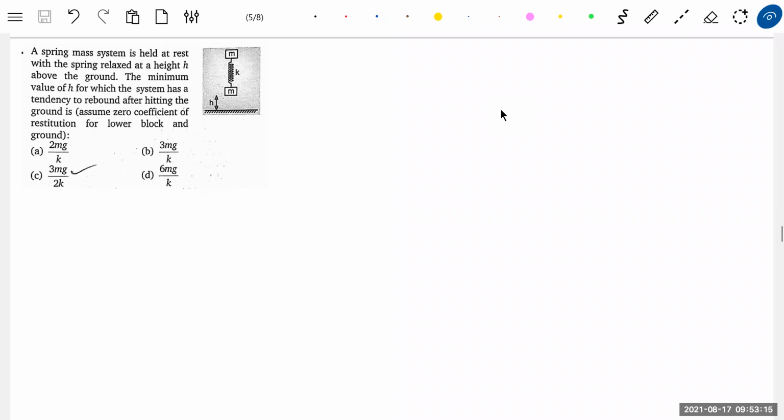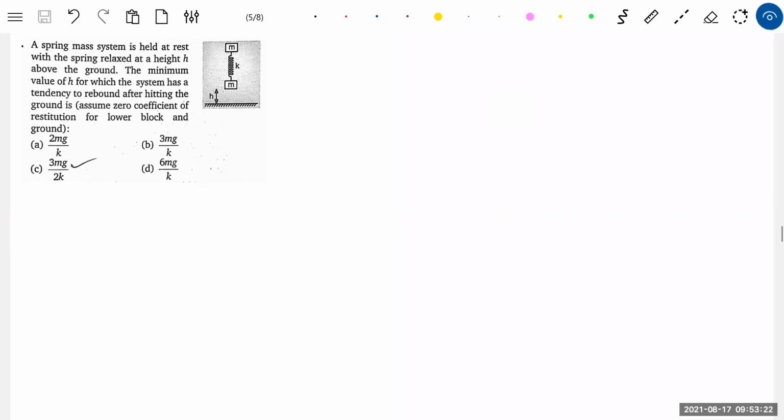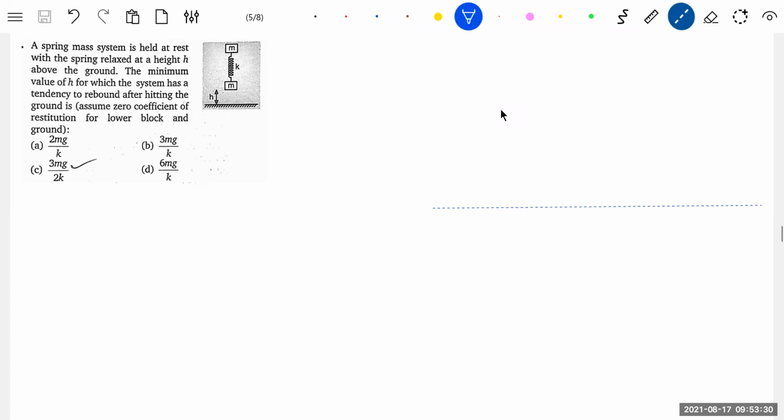The minimum value of h for which the system has a tendency to rebound after hitting the ground. Both the blocks are released from rest.